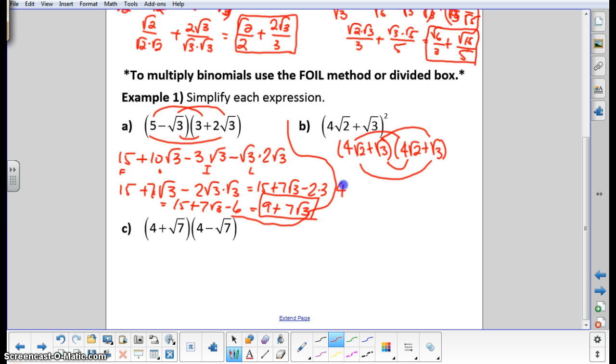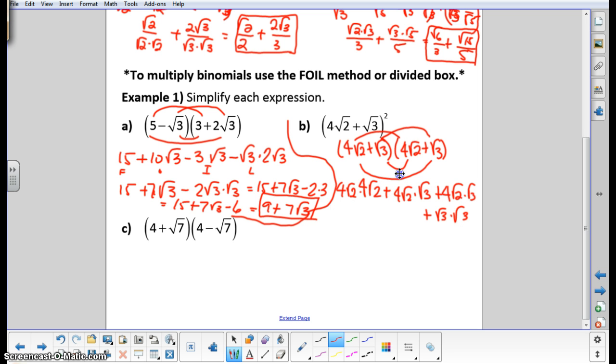So 4 root 2 times 4 root 2 are the first terms. The outer terms are 4 root 2 times root 3, and the inner terms 4 root 2 times root 3, and the last terms is root 3 times root 3.